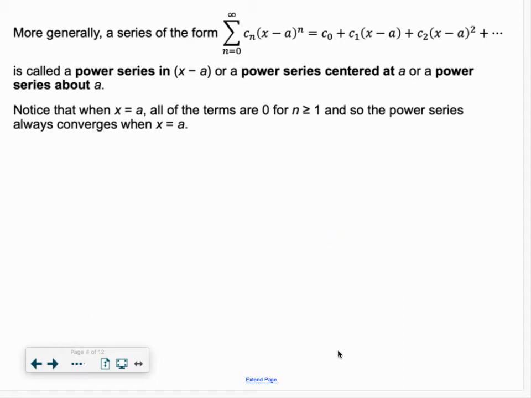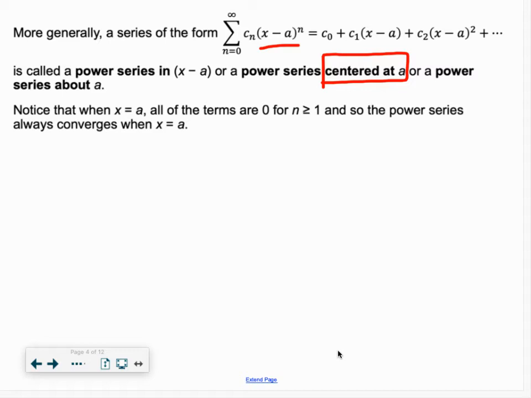So this is what I was talking about two slides ago. You can also have a power series where instead of just an x, you have this x minus a, and a is called the center. I'm going to show you next week what that really means.